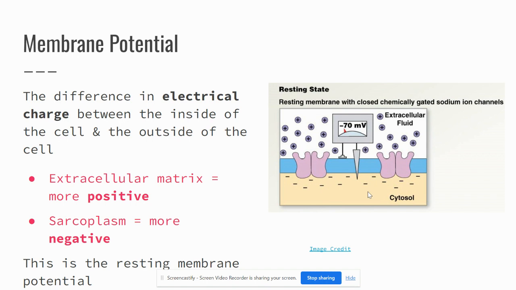At rest, the membrane is more positive on the outside, in the extracellular matrix, and inside of the cell itself, it tends to be more negative. This is referred to as resting membrane potential, and it's typically about negative 70 millivolts.